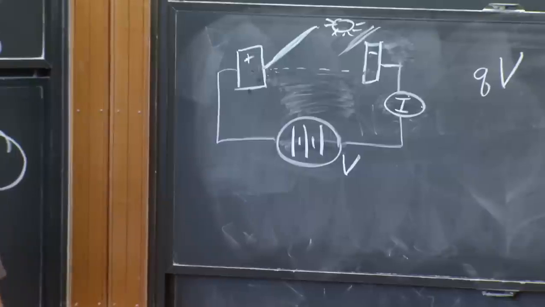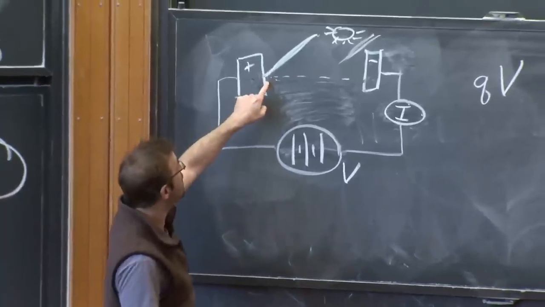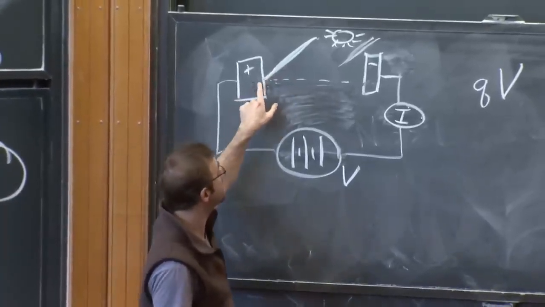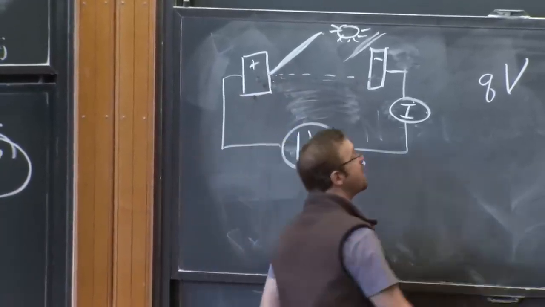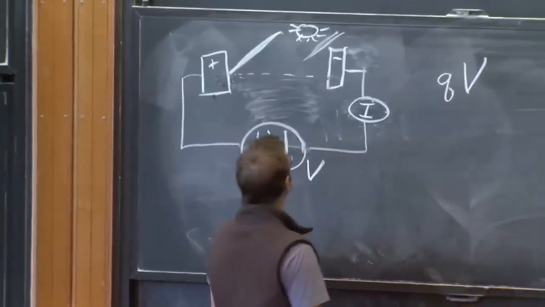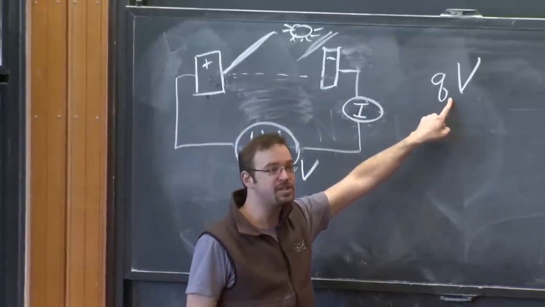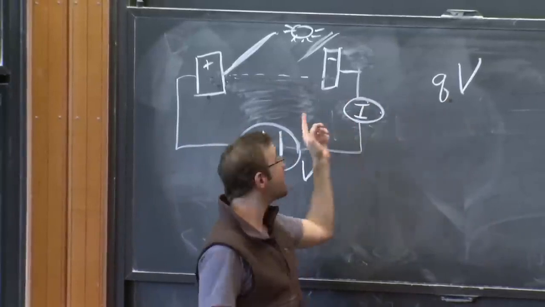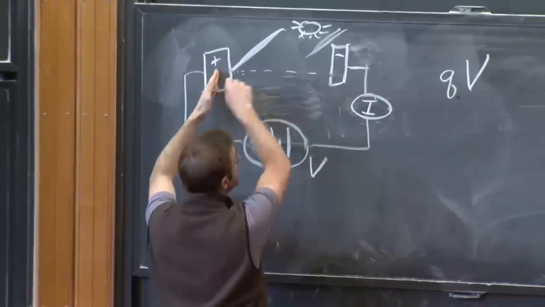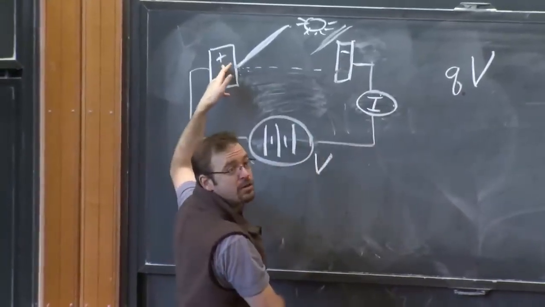That cool? So now imagine I send in light, and it lets an electron jump across, and it has kinetic energy Ke. Well, if the kinetic energy is less than this, will it get across? Not so much. It'll just fall back. But if the kinetic energy is greater than the energy it takes to cross, it'll cross and induce a current.